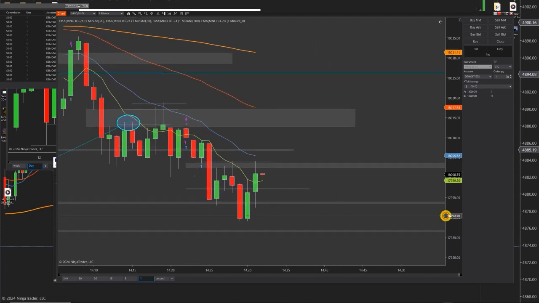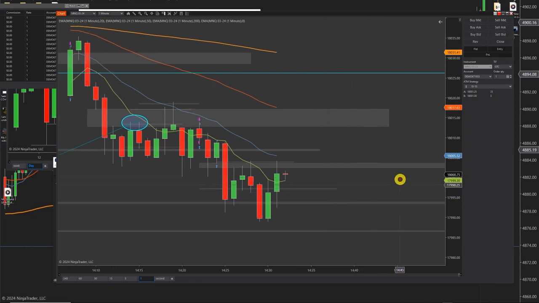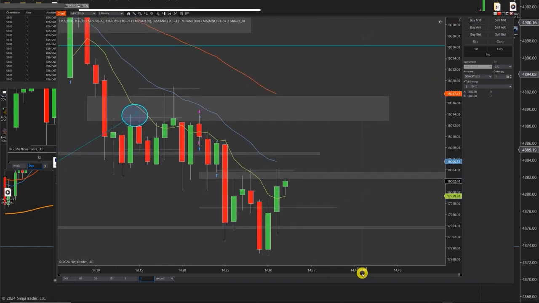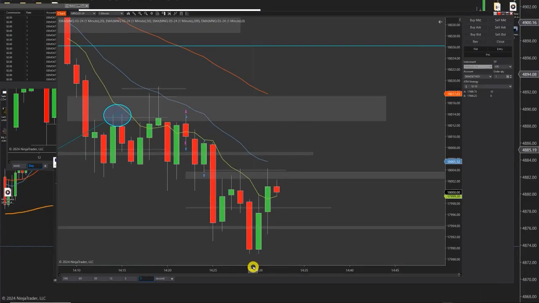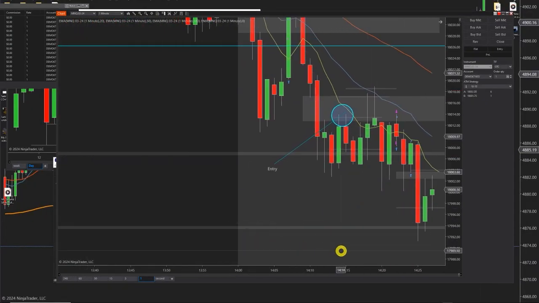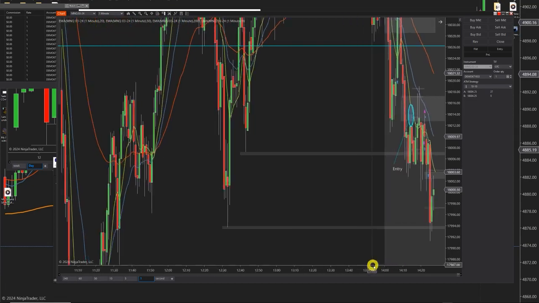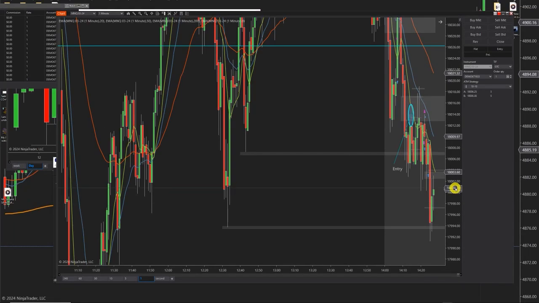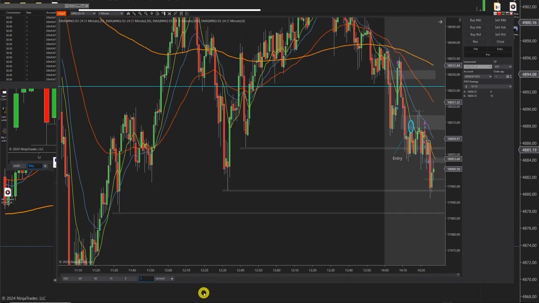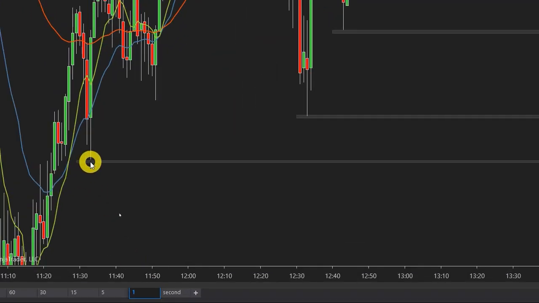Let's see what happens on this next candle here. And see, it's already hit the target down here. This line was our next target, and it's already hit that. And it's probably going to pull back before it comes down further to get to the next target, right?